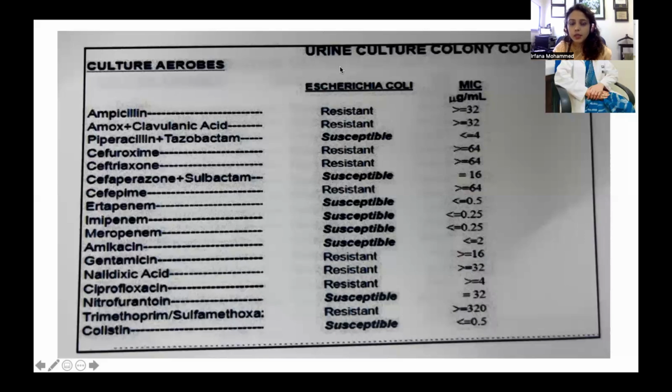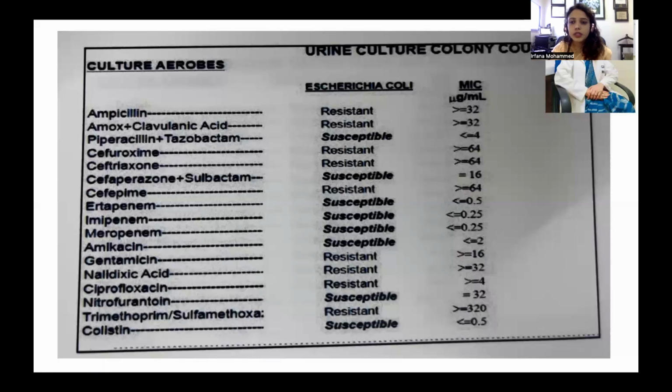But if the same bug is growing in blood culture, then you have to choose carbapenem as the drug of choice, because you have to go back to the MERINO trial and read there that BLBLIs were compared to carbapenems, and it was shown that carbapenem decreases the mortality rate when compared to giving BLBLI to a patient with positive blood culture.